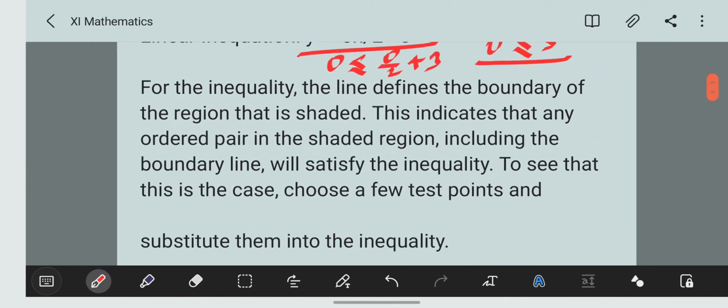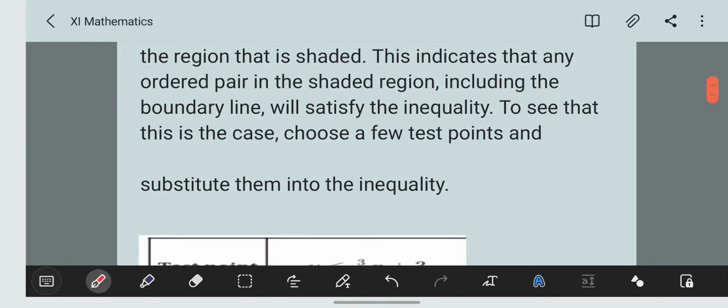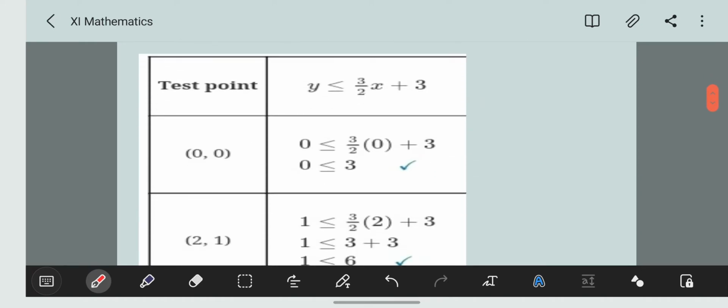For the inequality, the line defines the boundary of the region that is shaded. This indicates that any ordered pair in the shaded region, including the boundary line, will satisfy the inequality. To see that this is the case, choose a few test points and substitute them into the inequality. This is how to solve the given inequality algebraically by trial and error.